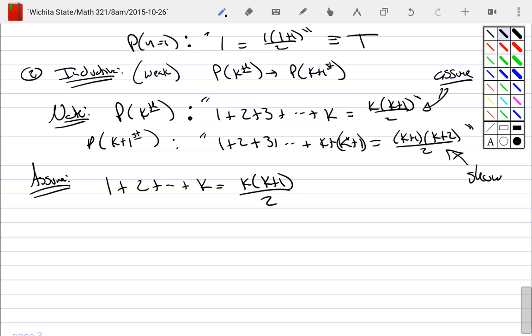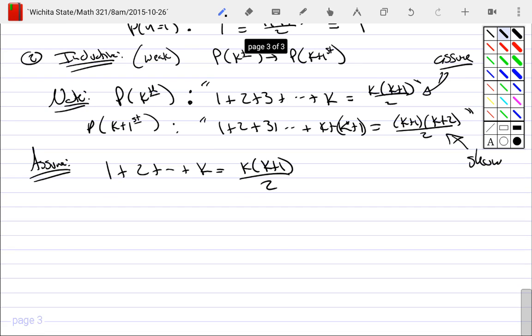So what do you want to do? Do you want to start off with this equality and do correct, logical things until this equality looks like the second equality? Or do you want to start with the second equality, take the left-hand side, and start replacing things with their equal? You want to try that technique? Okay. So we assume this is our inductive hypothesis.